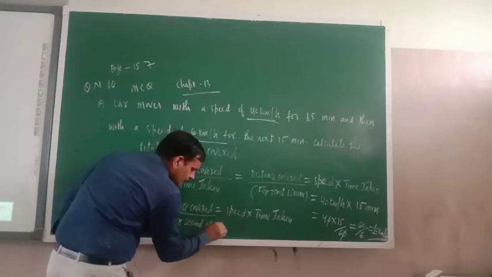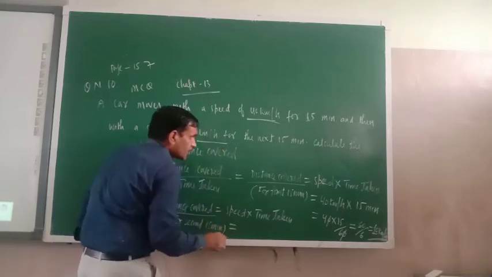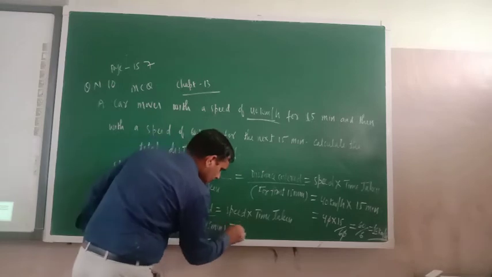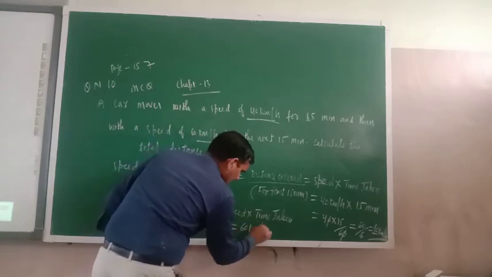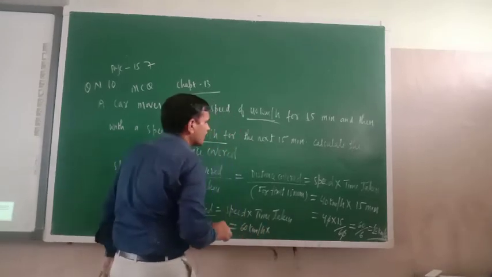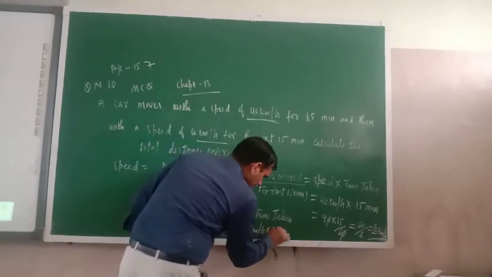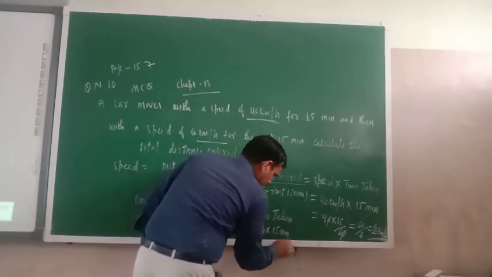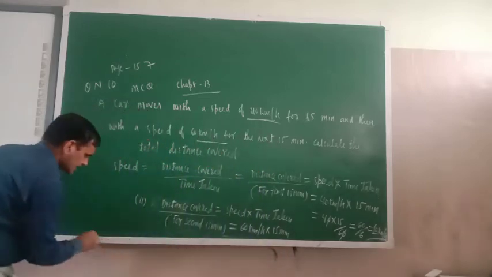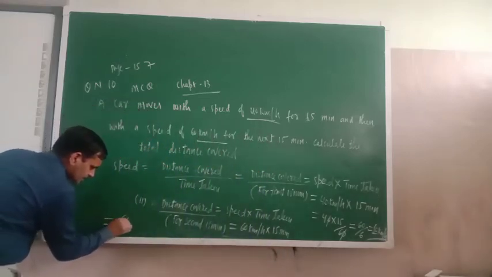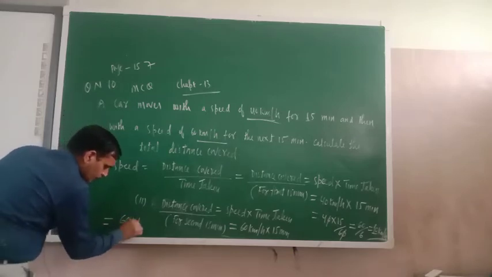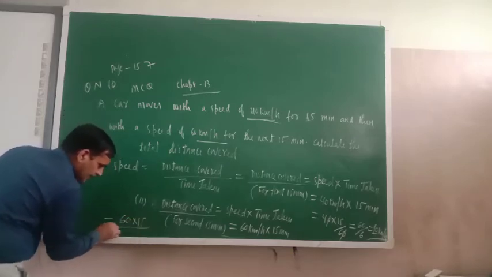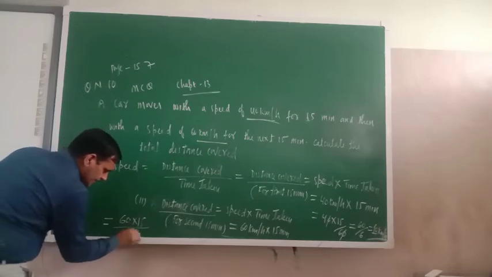15 minute. So that is equal to 60 kilometer per hour into 15 minute. So that is equal to 60 into 15 divided by 60.